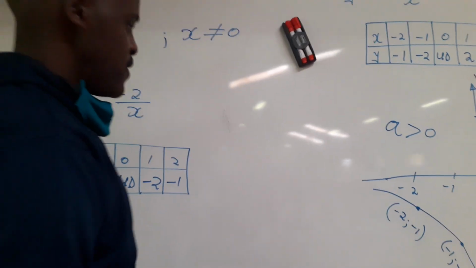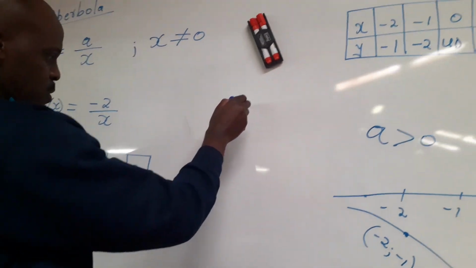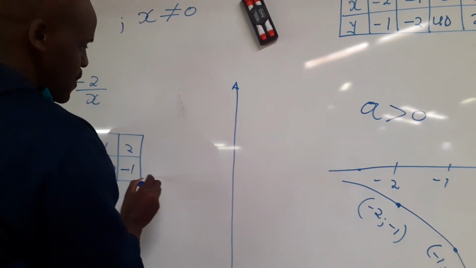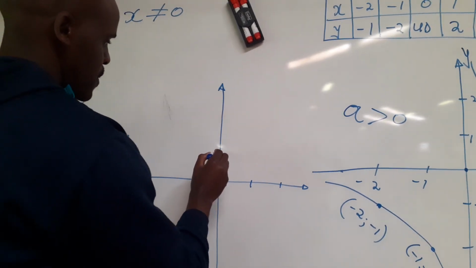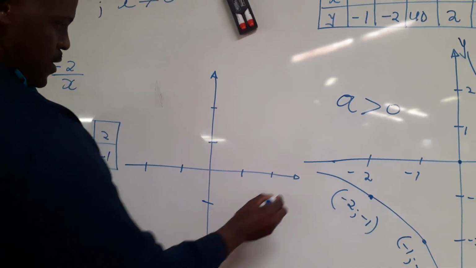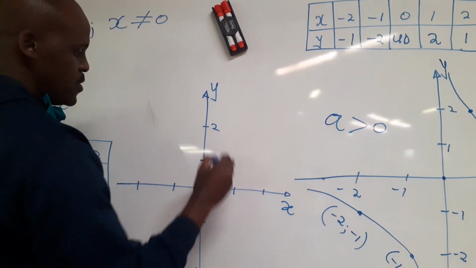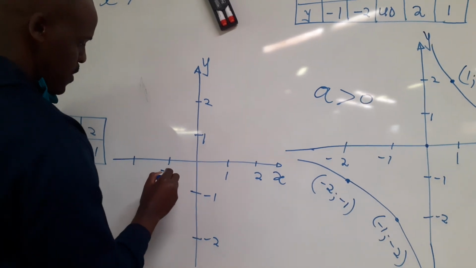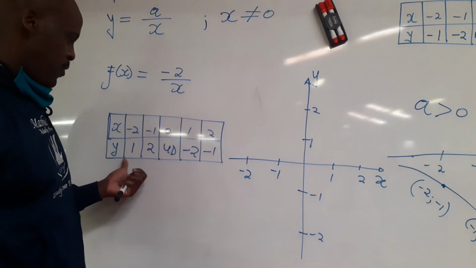Let's sketch the graph. Let's use this space. These are the x-axis and y-axis, 1, 2. Let's plot our points.